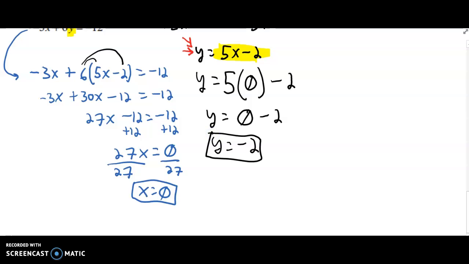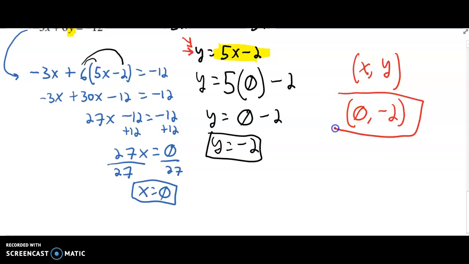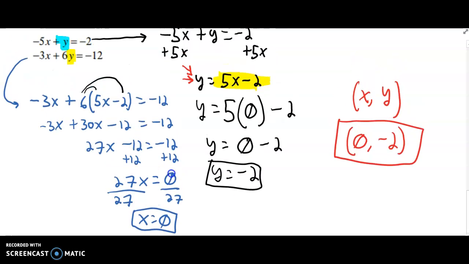Okay, so we can write it as an xy point now. Coordinate pairs are xy. We know x is 0. We know y is negative 2. This is also the point of intersection where these two lines here meet. So the solution is the point of intersection.